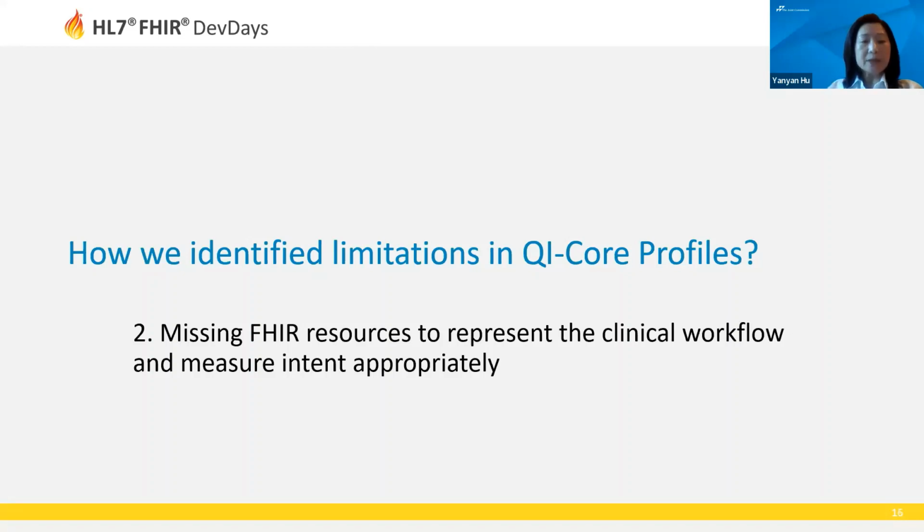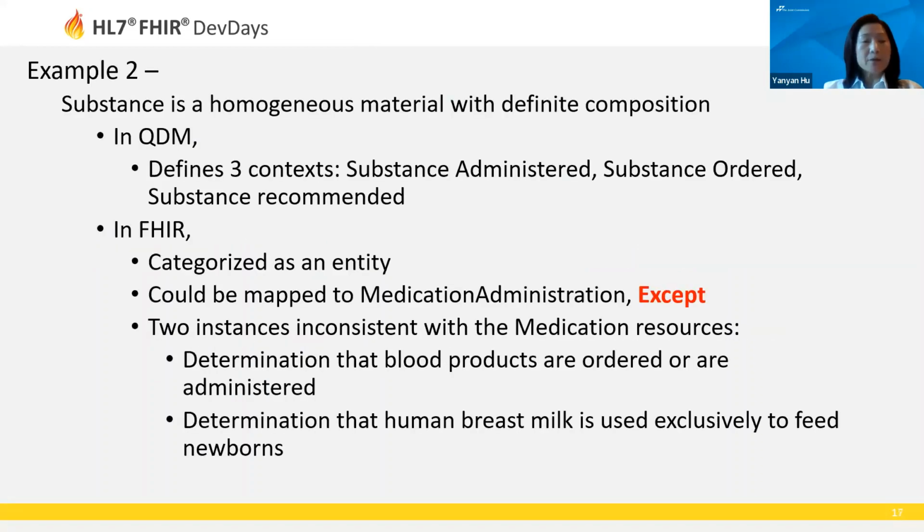Another limitation we noticed was that no FHIR resource can be used to represent clinical flow and the measure intent properly. For example, substance is defined as a homogeneous material with definitive composition.